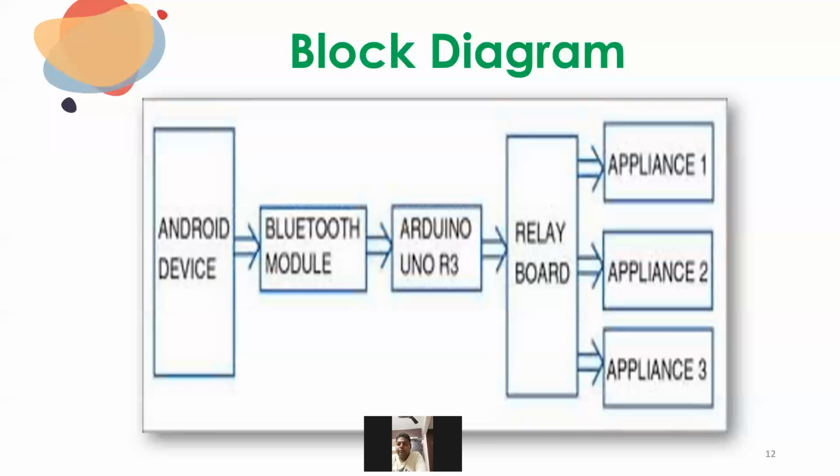First we have the Android device which sends a signal to the Bluetooth module. The Bluetooth module further sends it to the Arduino Uno, which, using the code, sends the command to the relay module, and according to the code, the relay module sends it to the appliances that have to be switched on or off.